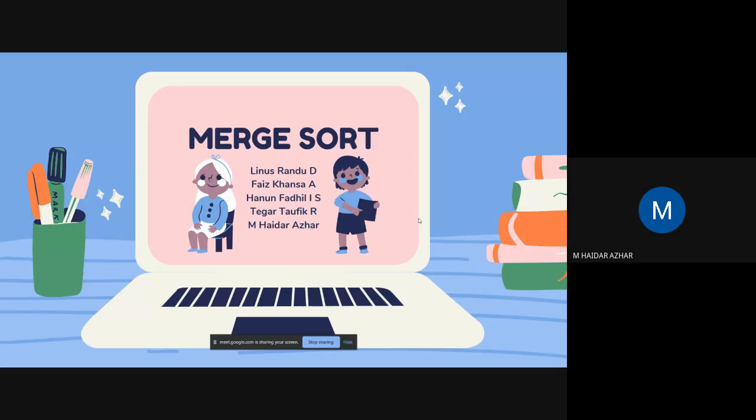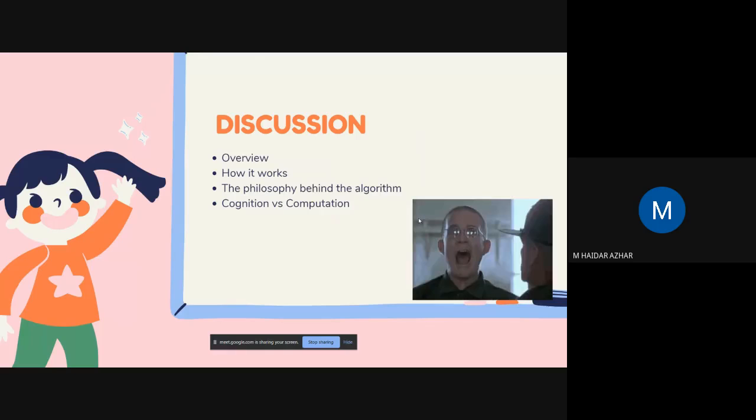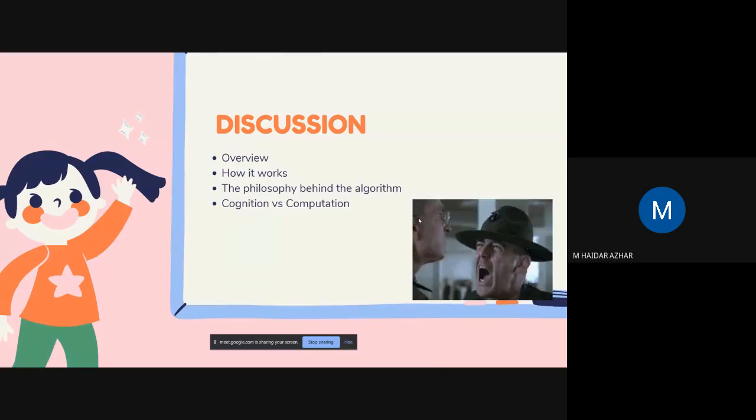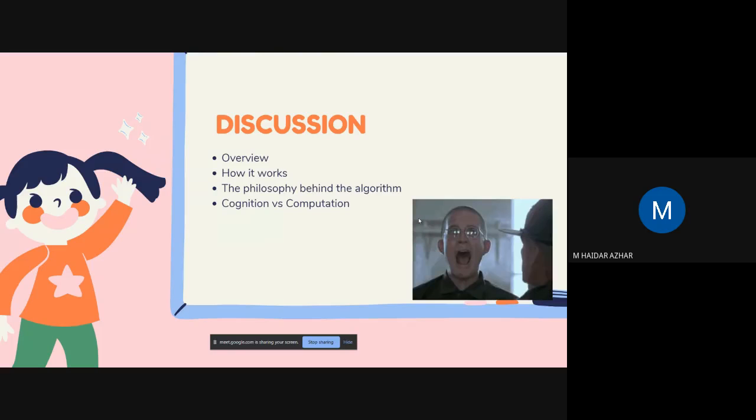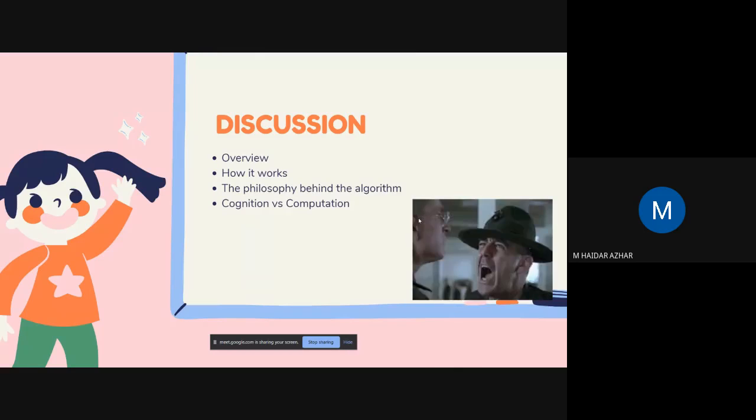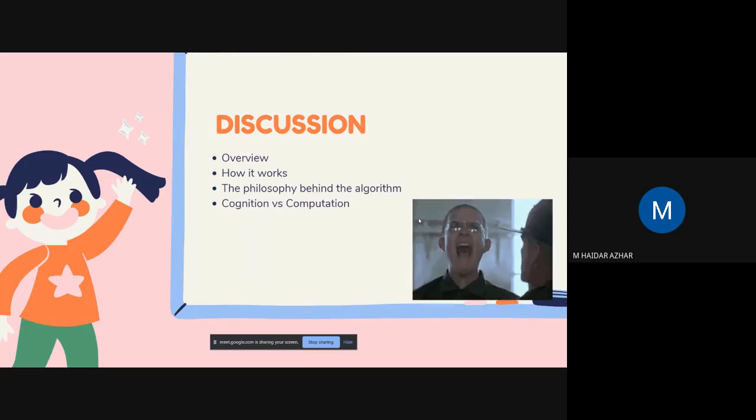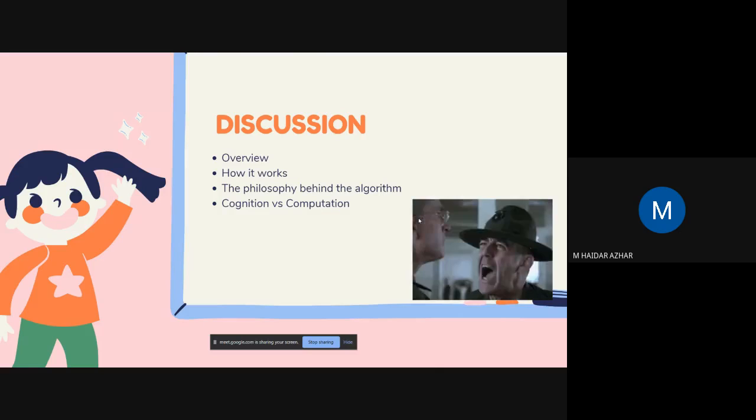Please, next. For today's discussion, we will talk about the overview of merge sort and how the algorithm works, the philosophy behind the algorithm, the cognition and the computation of the algorithm, and last but not least, our thoughts about the algorithm. For the next part, my friend will explain the overview of the algorithm.